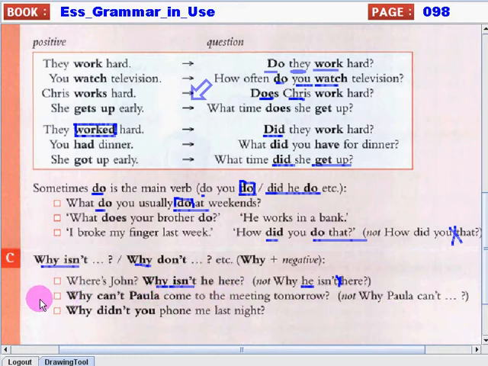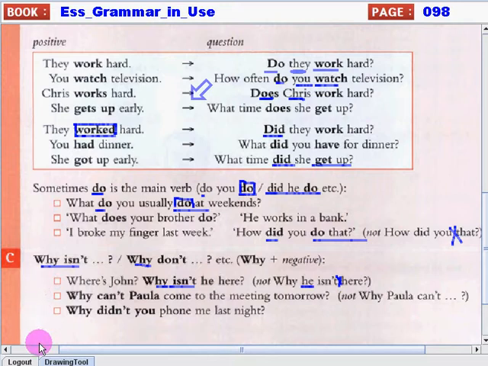Next. Why can Paula come to the meeting tomorrow? We cannot say why Paula can't come to the meeting tomorrow. Okay? Next. Why didn't you phone me last night? We have to make this kind of pattern.